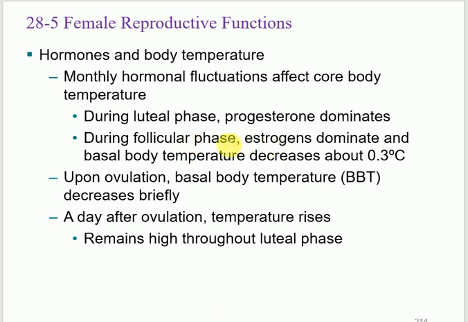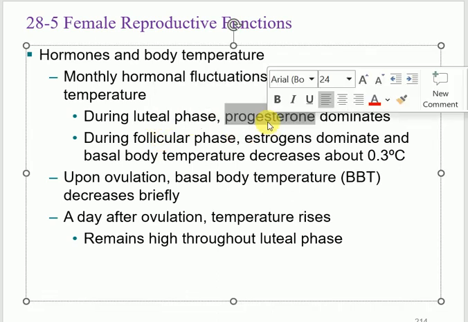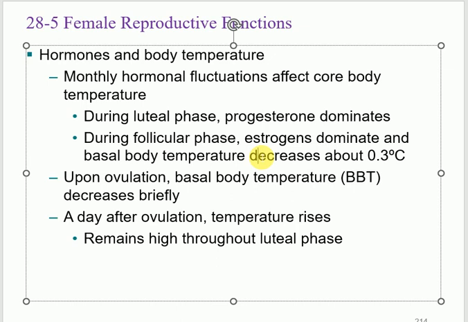Follicular estrogen, which coincides with proliferative. Luteal progesterone, which coincides with secretory. So during the follicular phase, the body temperature is going to drop about 0.3, which is hard to notice, but physiologically it does happen during the follicular phase.